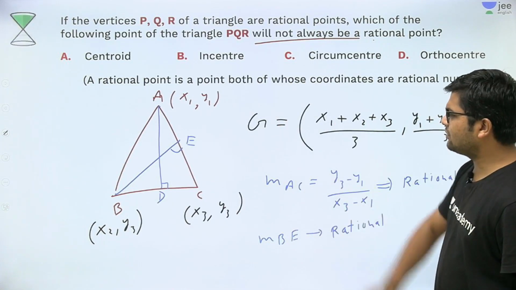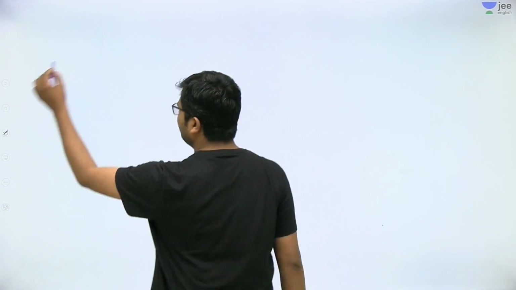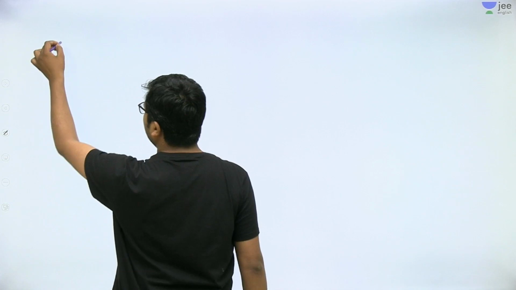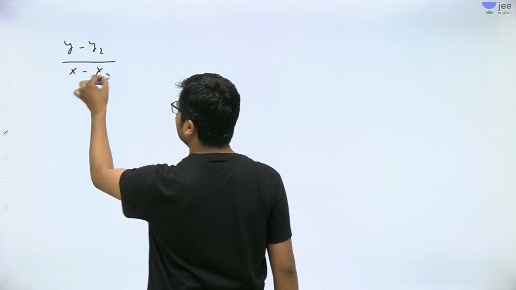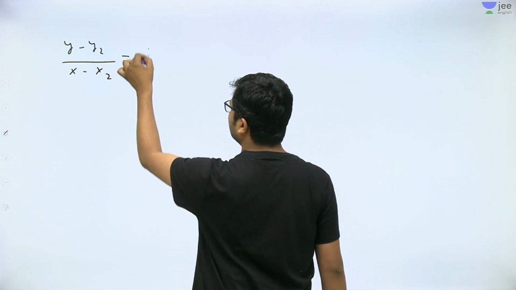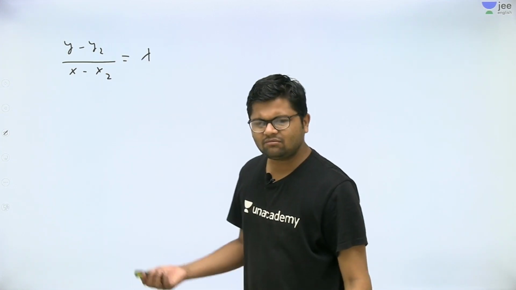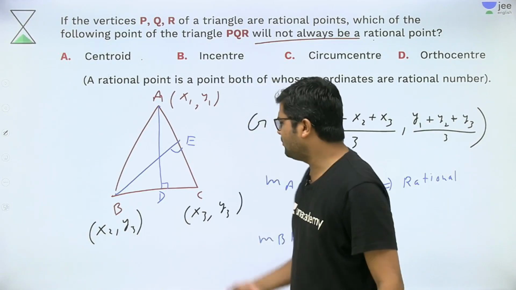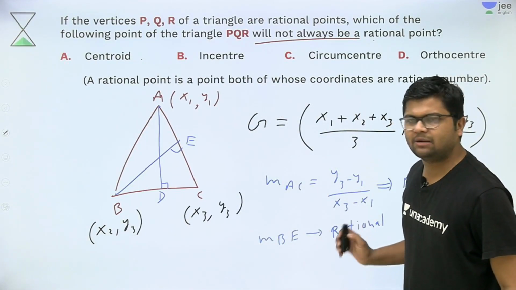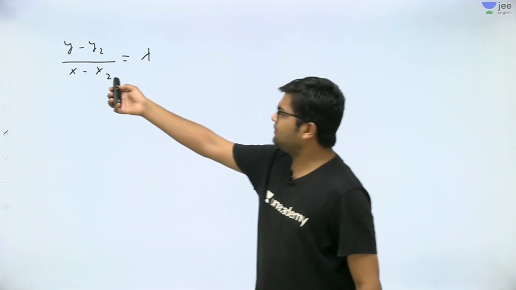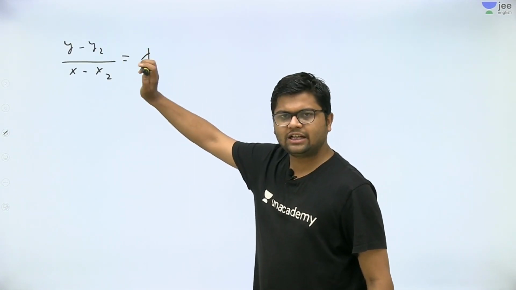Now let me write the equation of BE. The equation of BE will be (y minus y2) upon (x minus x2) is equal to the slope, which we can call lambda, a rational number. Now if I multiply this equation, a straight line will form.